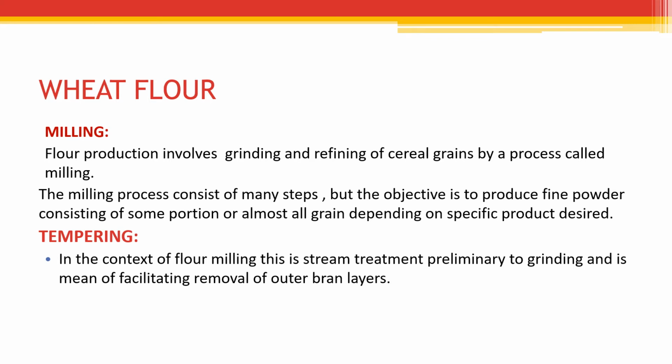Tempering is the next stage of the milling process, in which we give steam treatment to the raw wheat grain so that the outer thicker layer of bran can be removed. It is quite thick. It can't be removed manually with any dry process.